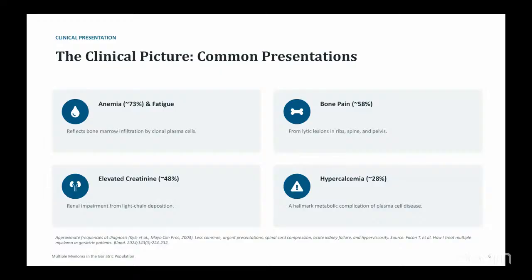After that, we have elevated creatinine at about 48%, which reflects renal impairment from light chain deposition. And lastly, hypercalcemia at about 28%, a hallmark metabolic complication of plasma cell disease.